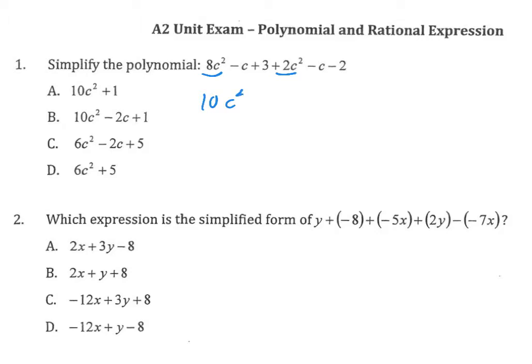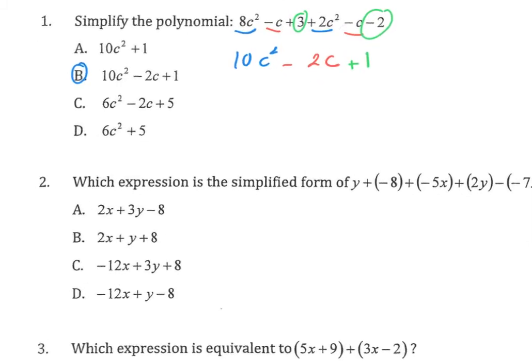And we can combine negative c with negative c, it's going to be negative 2c. And then we have 3 with negative 2. So 3 take away 2 will be positive 1. And we can see the answer will be B: 10c squared minus 2c plus 1. We got a next question here.